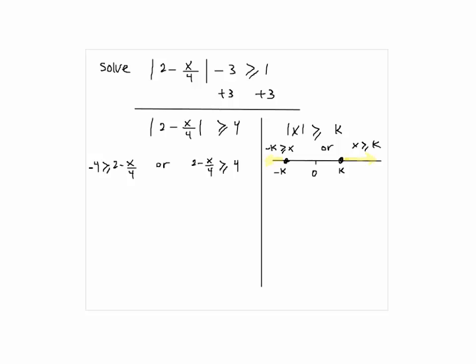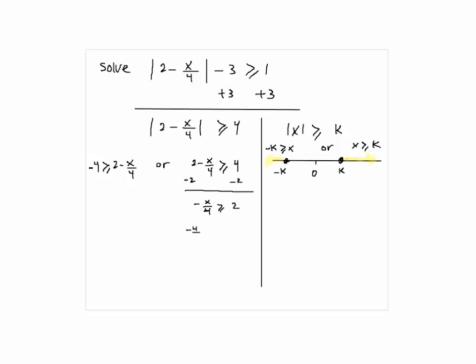But before we do that, can we just eliminate the 2? Would it be easier? Can I just subtract 2? So that would be 2 minus x over 4 minus 2, which gives negative x over 4 is greater or equal to 2, right? Now we can multiply both sides by negative 4. Does that make sense?